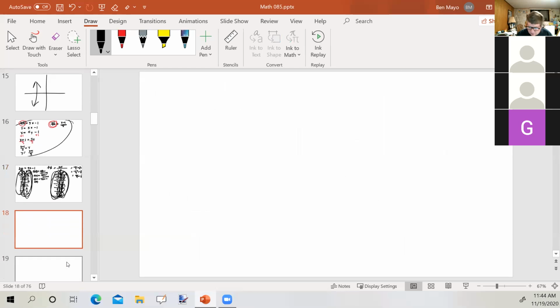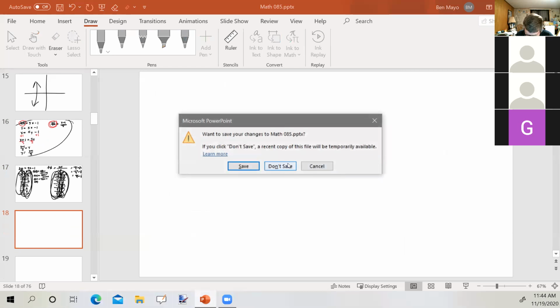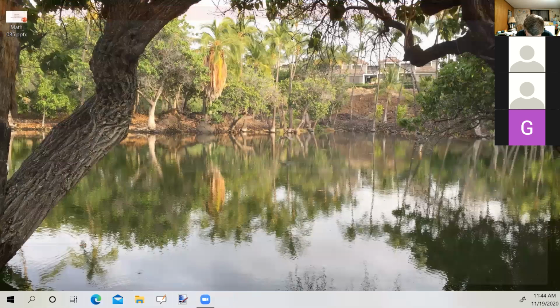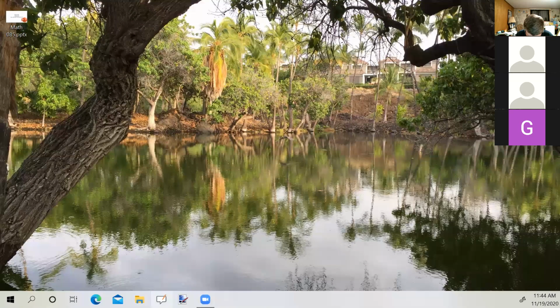All right. Let's do another one. And this time I'm going to switch to the other screen. So we'll get rid of that and open up the graphing screen. I guess we're being environmentally good today. We're going green. Okay.